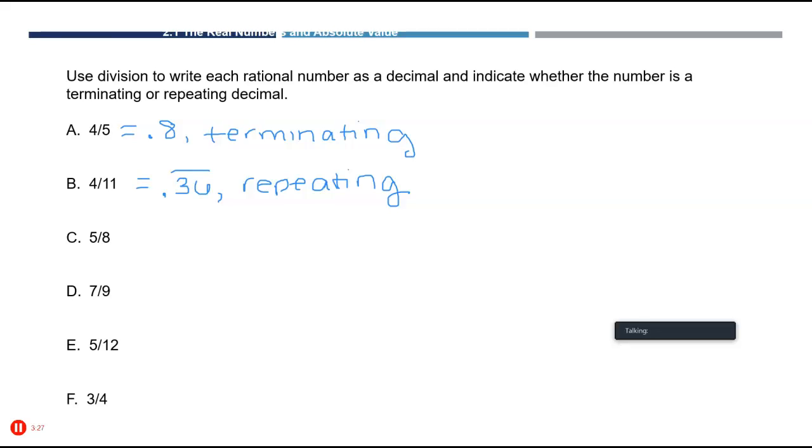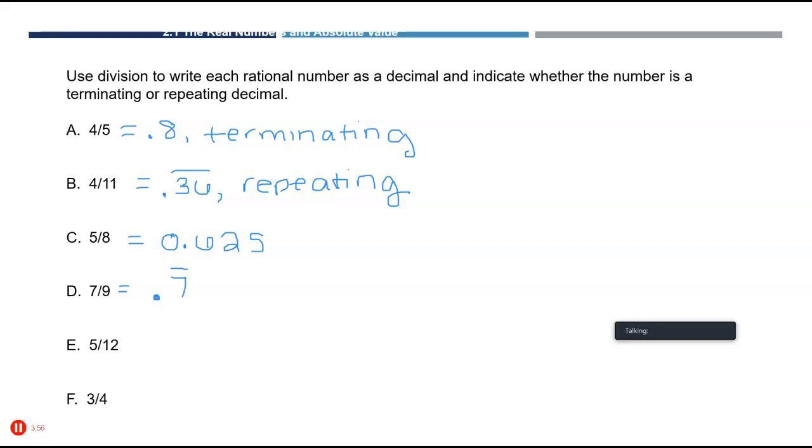Nevaeh, what's 5 divided by 8? Perfect. Luke, what's 7 divided by 9? Yeah, so that's what type of decimal, Luke?